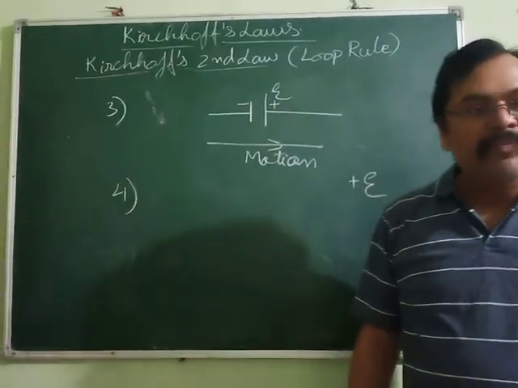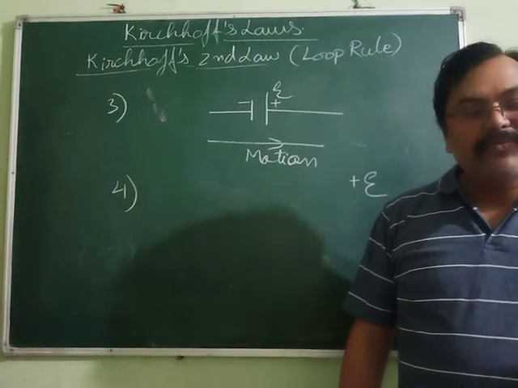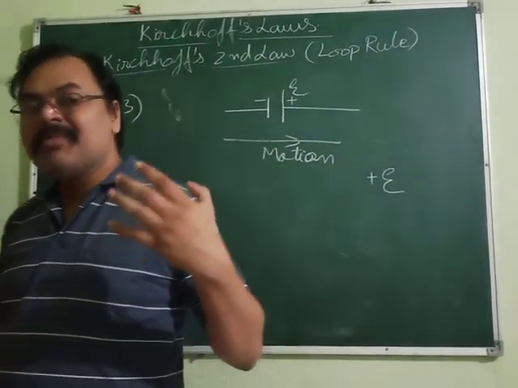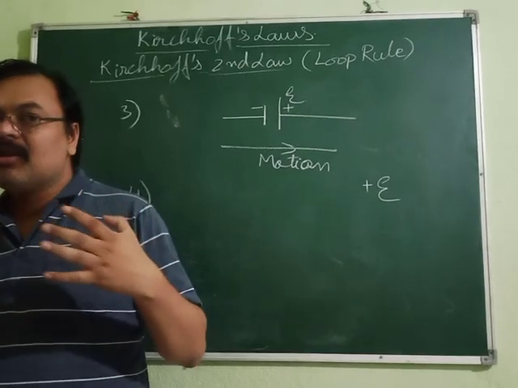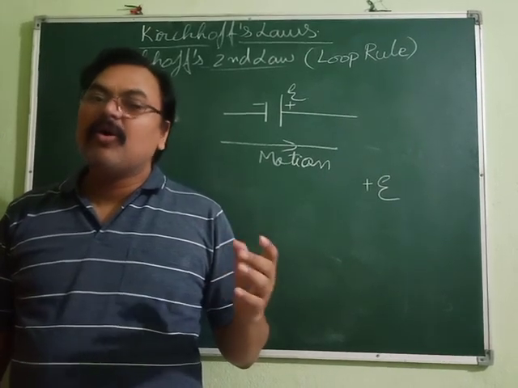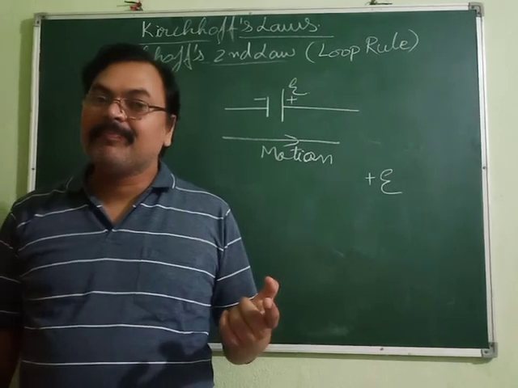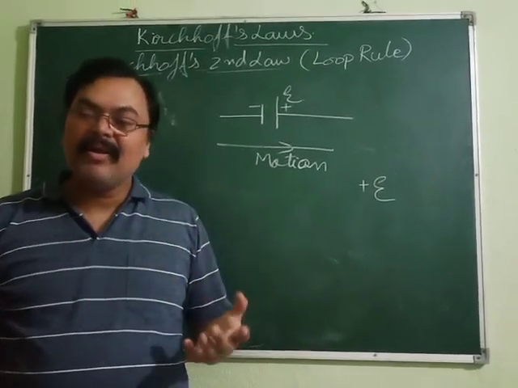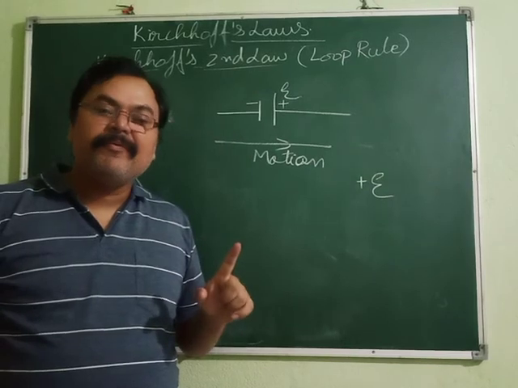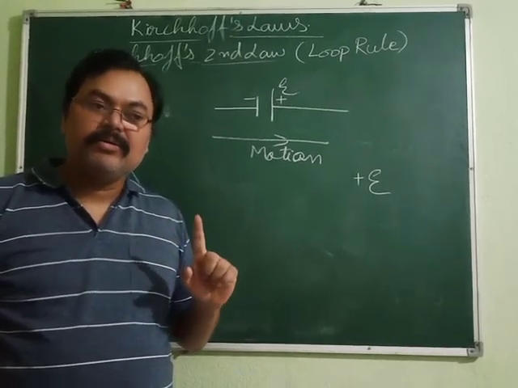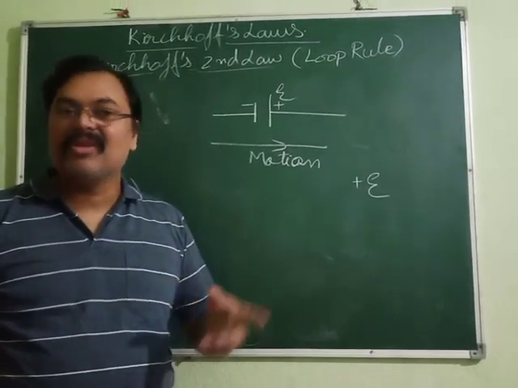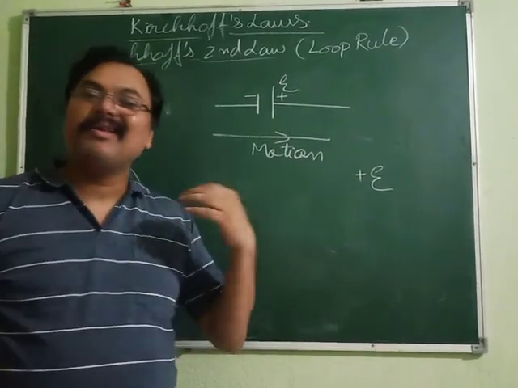While moving, if we cross first the positive terminal and then the negative terminal of a cell or a battery, then the EMF of that cell or battery is taken as negative.